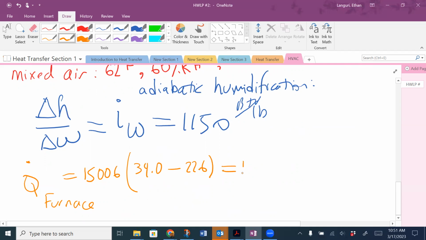This gives me 171,068 BTU per hour as my capacity of the furnace needed.